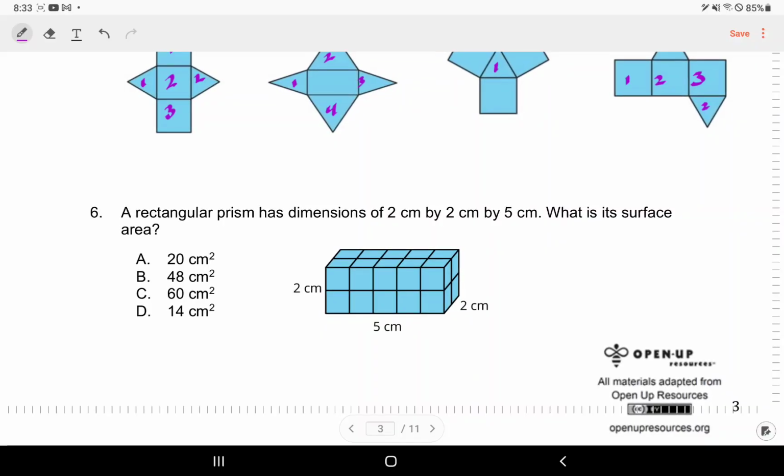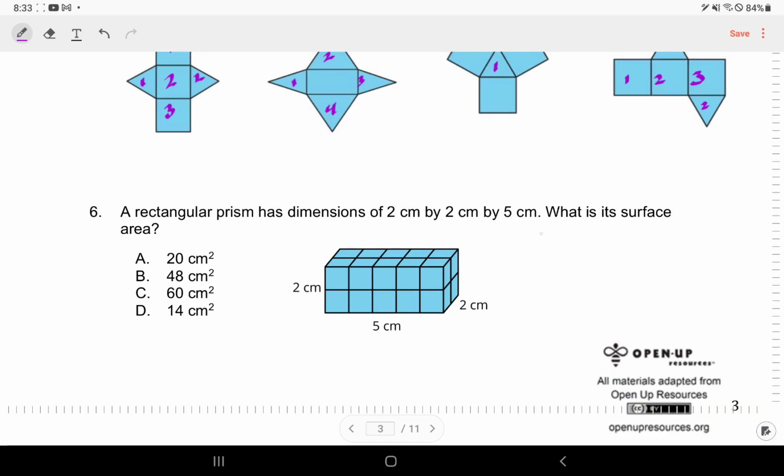Okay. Now for question 6. A rectangular prism has dimensions of 2 centimeters by 2 centimeters by 5 centimeters. What is the surface area? Now, because it actually gives it to you as cubes, there are a couple ways we can do this. I know what I would prefer you do. That would be that you do 2 times 5 and get 10.